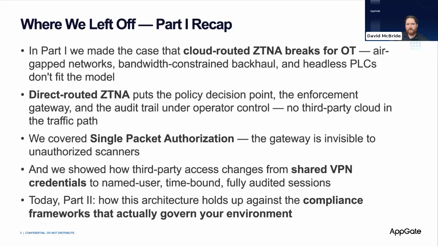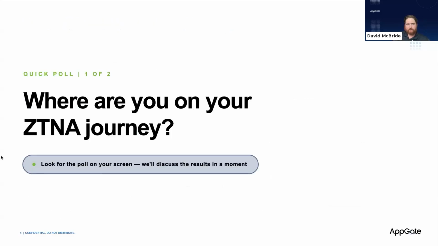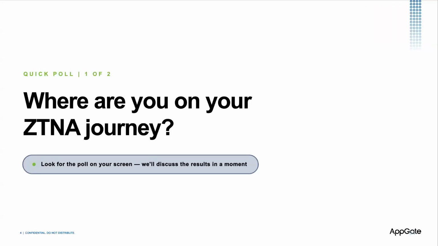Before we get started, we'll start with a quick poll. You should see a poll coming up on your screen right now. If you could take a few seconds and just tell us where you're at. Give it about 20, 30 seconds. I think I see some results coming in here. I'm going to leave it for about 15 more seconds.